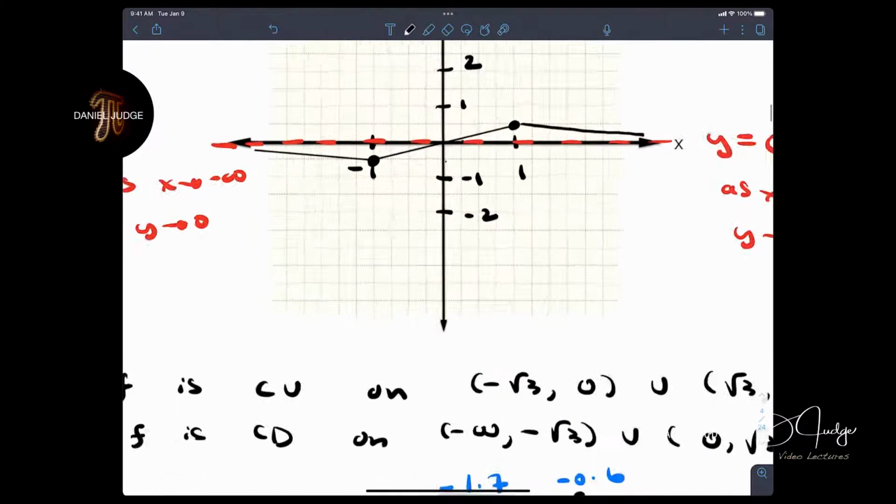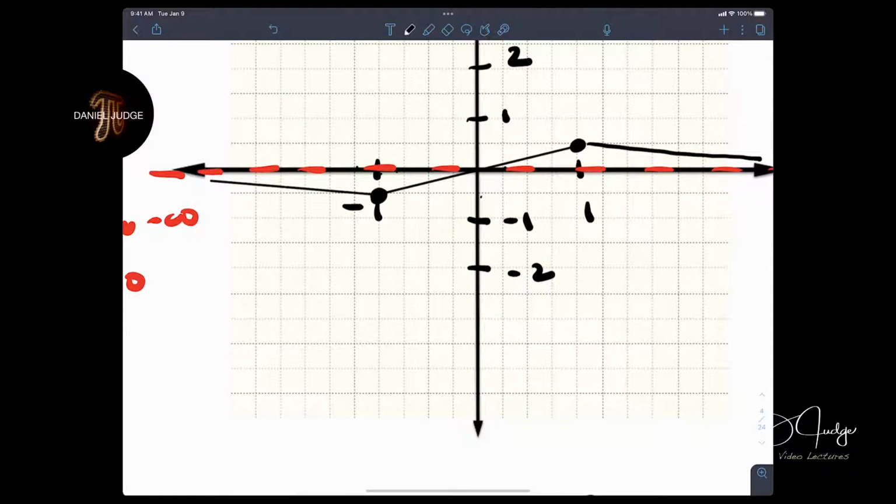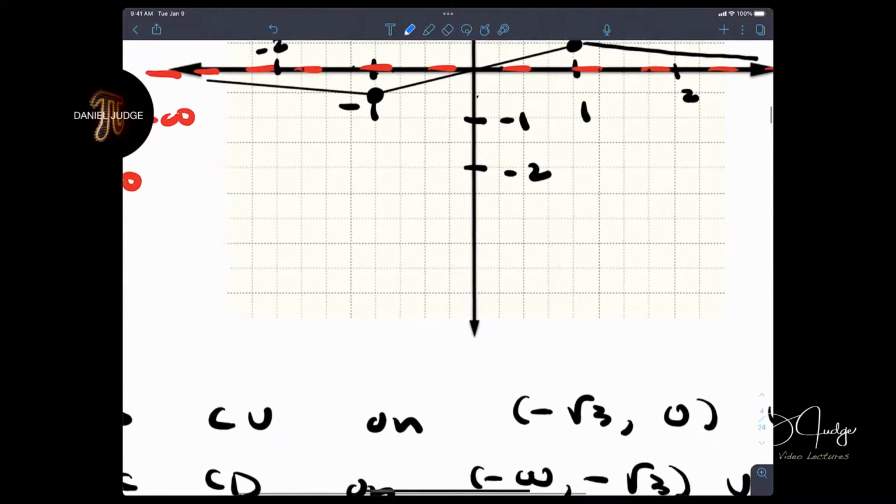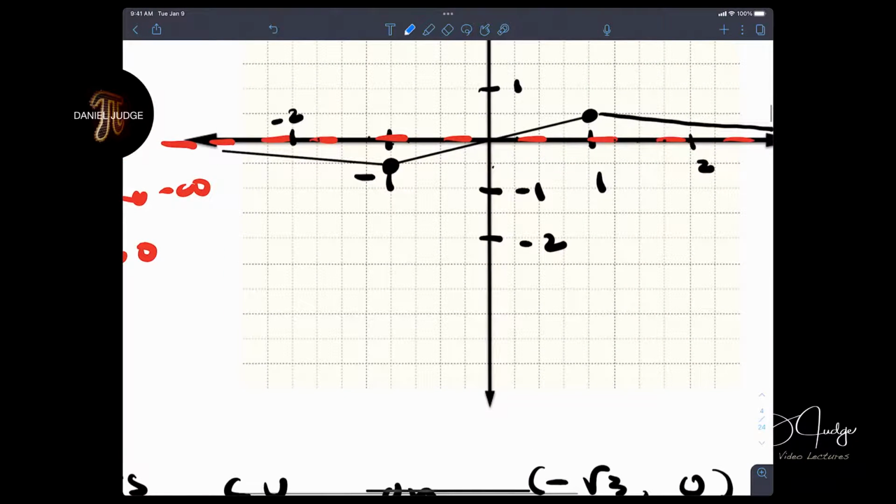So negative 1.7, negative 0.6. If we look at this here, every 4 marks, negative 2, positive 2. So inflection points, negative 1.7, I don't know, negative 0.6, somewhere like in here, and somewhere over here, something like that.